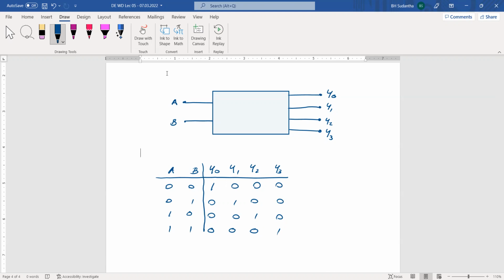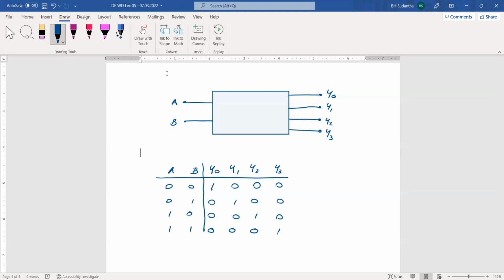After coming to the truth table, we have done 50% of this. Then what is next? Then we have to write output Boolean equations. Then if possible, we have to minimize those equations. Then we draw the circuit using basic logic gates for the minimized equation. Those are the 5 steps.